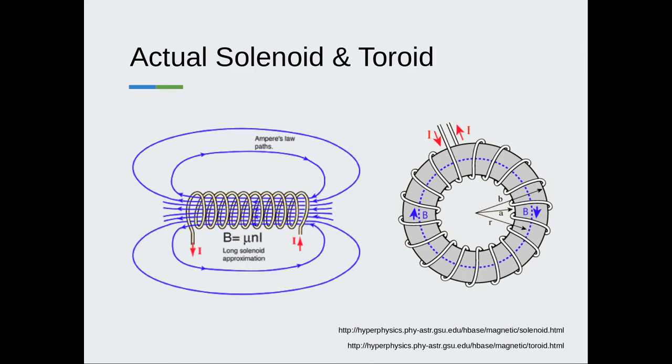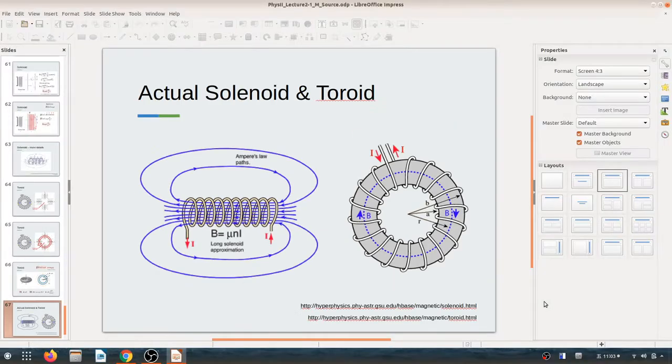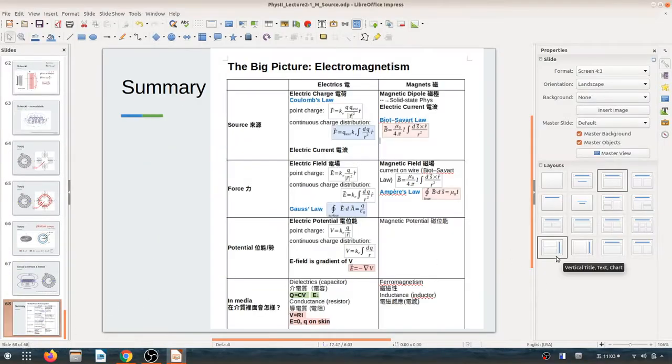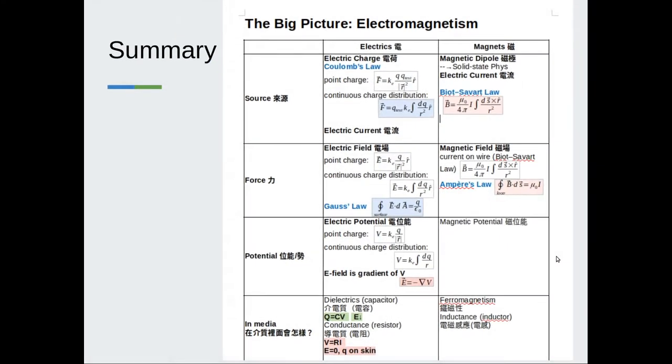So we finished the complex structures. Here we just do a summary for now. We started from the Biot-Savart law. We can use it to calculate the magnetic field created by current on a wire. And here's another law, Ampere's law. So you can put it into your big table.